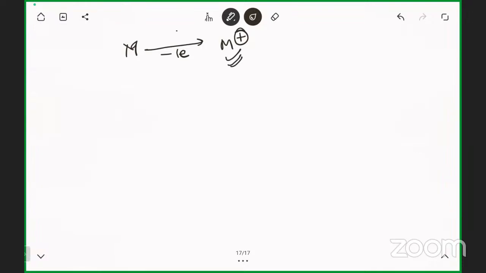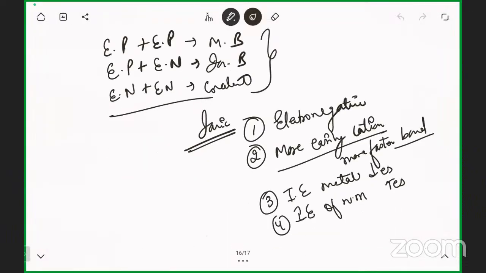If there is a problem in forming it, or it will take more time to donate the electron, it will not simply form the ionic bonding. It will prefer the covalent bonding, or another type of bonding, but not the ionic bonding.